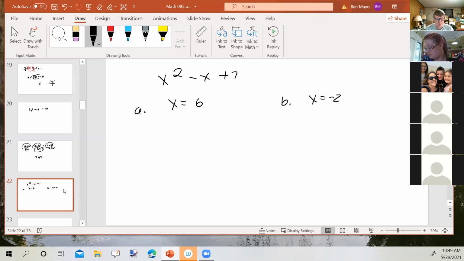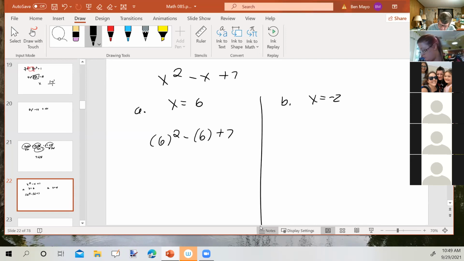When x is 6, we take 6 and substitute it everywhere in the polynomial where x appears. So I get 6 squared minus 6 plus 7. So I get 36 minus 6 plus 7. 30 plus 7, 37.